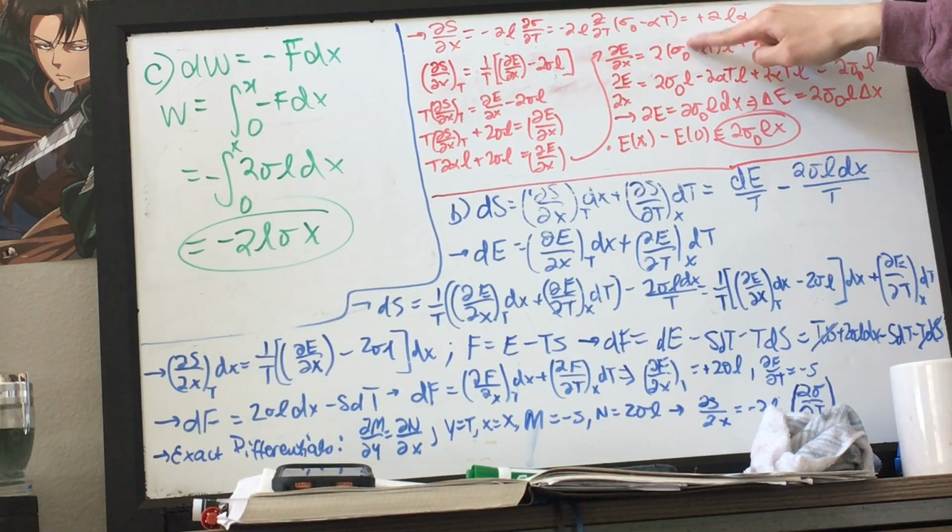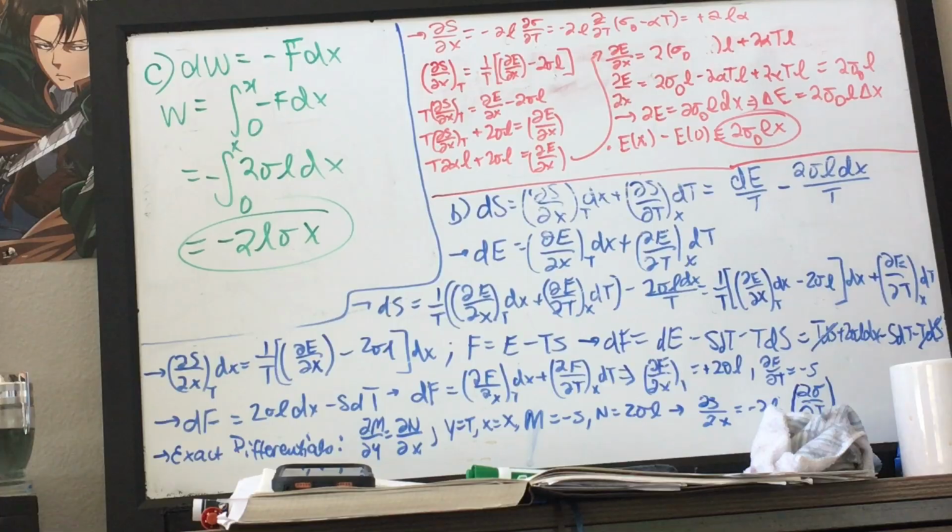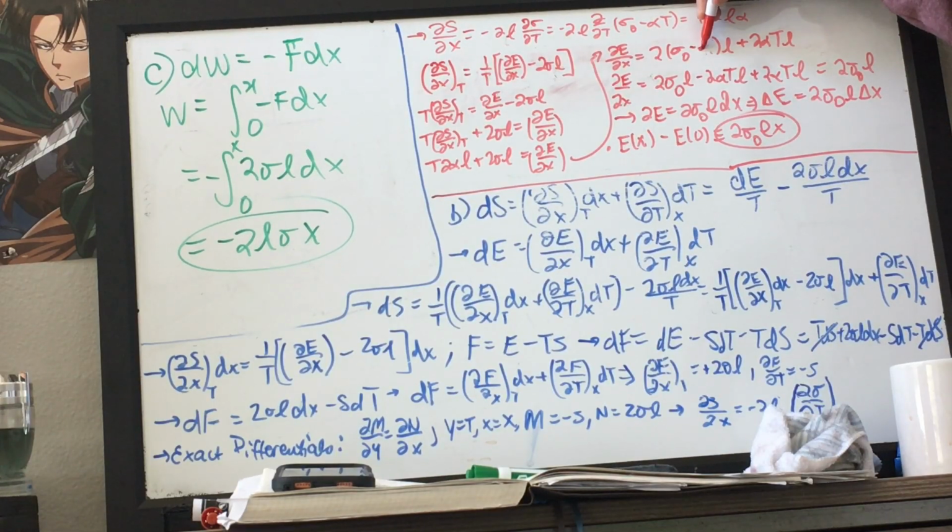It's not really well written, but that says minus alpha t, right? Times change in length. All I did was substitute alpha in for sigma, plus 2 times alpha t times L. I'm guessing L is length, I don't know. It's just some number.